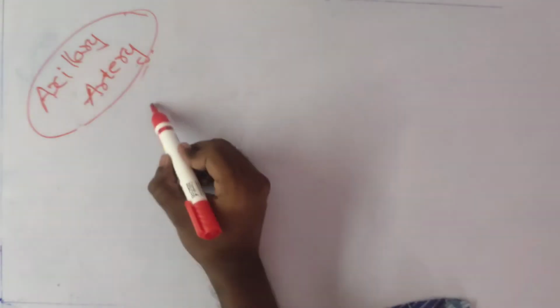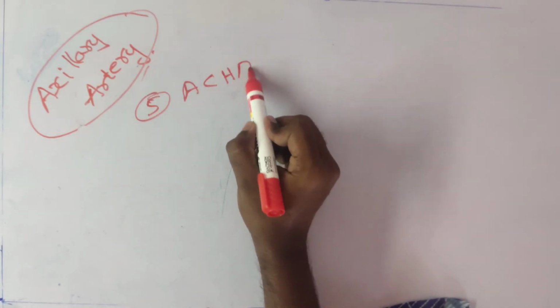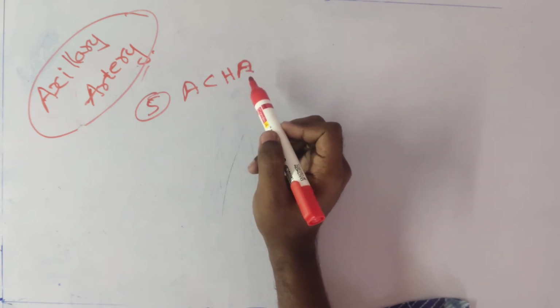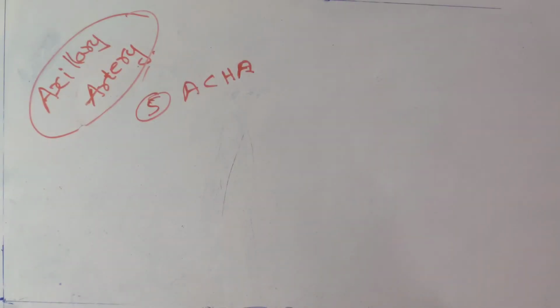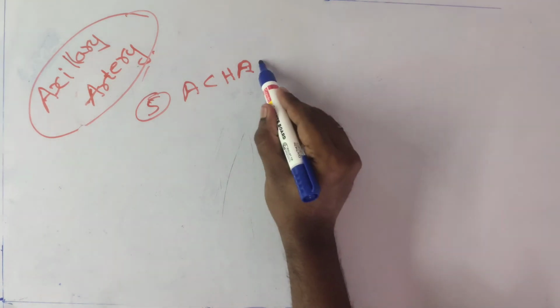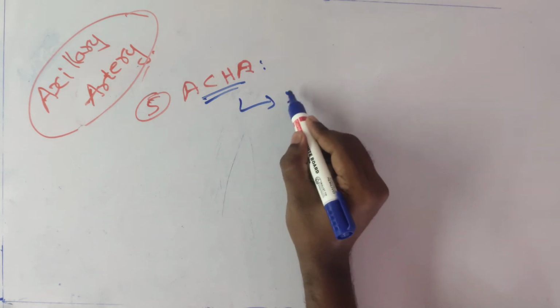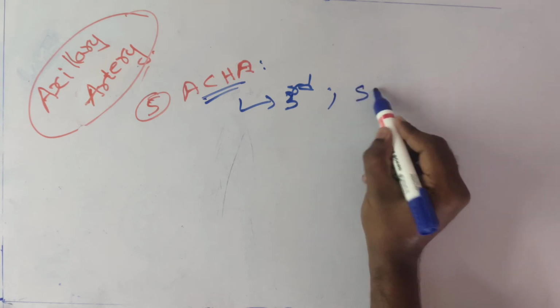Now coming to the fifth branch, the anterior circumflex humeral artery. We have had this word in the shoulder joint while studying it. It belongs to the third part of the axillary artery, and it is a small branch.